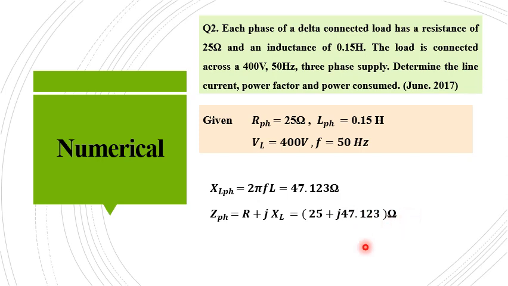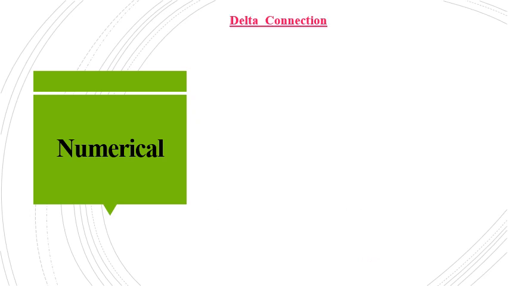Then it is said that the connection is delta. Before that we need to find the per phase impedance value, that will be equal to root of 25 square plus 47.123 square, that is equal to 53.344 ohms. Now it is said that the connection is delta.